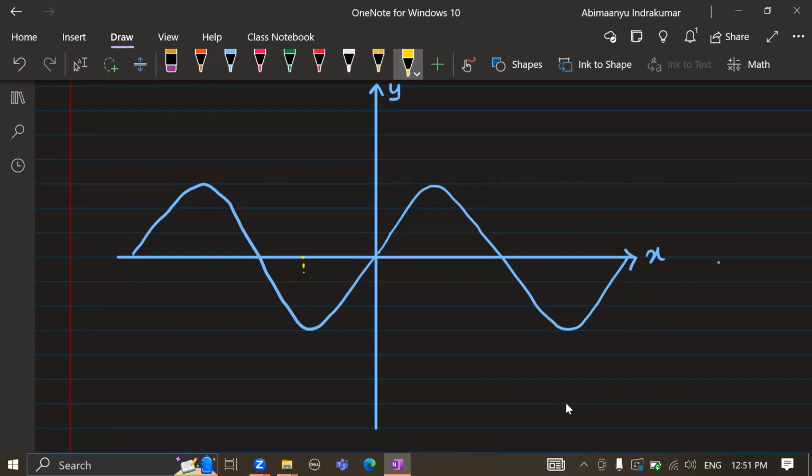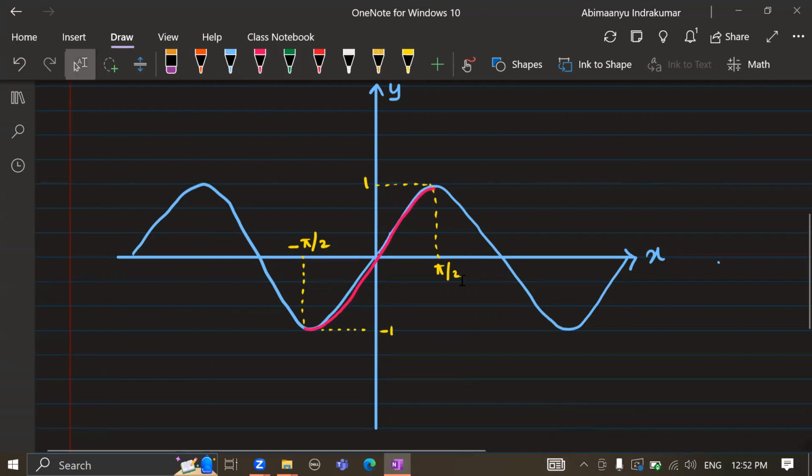In this case, I'm going to define my domain from minus pi by 2 to pi by 2, which means that I'm going to extract the part of the graph only from minus pi by 2 to pi by 2. By doing so, I will get the graph of the one-to-one function for sin x.